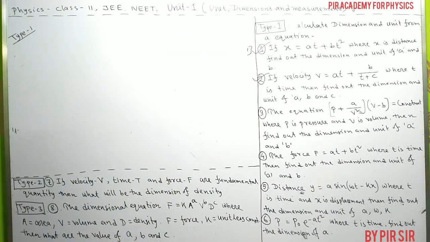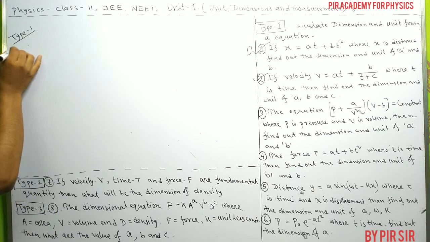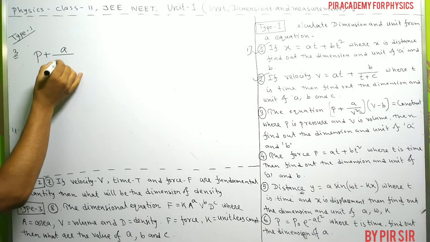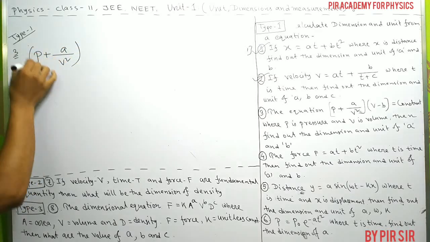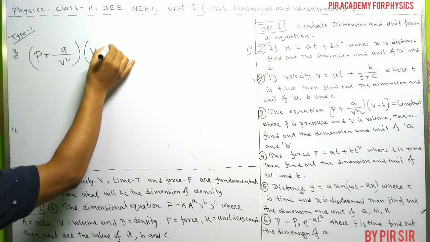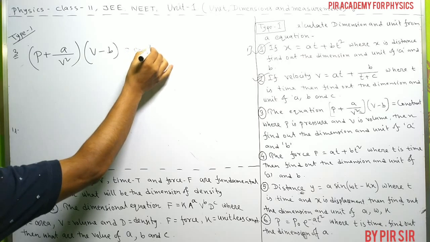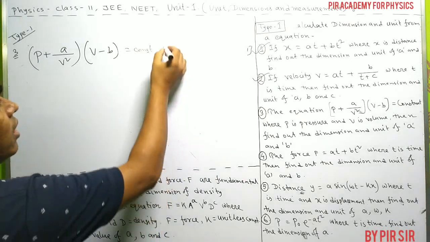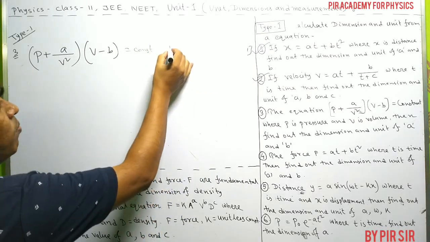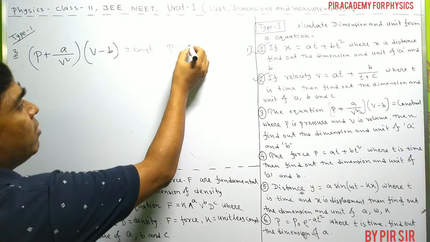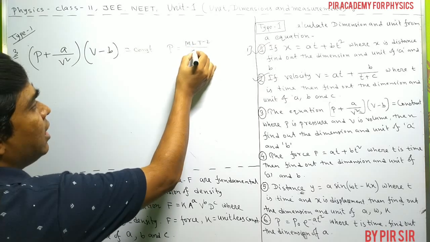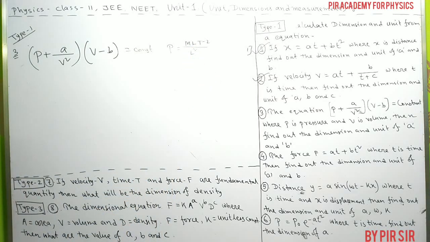The third problem is, this is another equation. What is the equation? The third problem, the equation is P plus A by V square, and V minus B equals a constant. Here P is pressure. Pressure means force divided by area, that means force by area, L square.